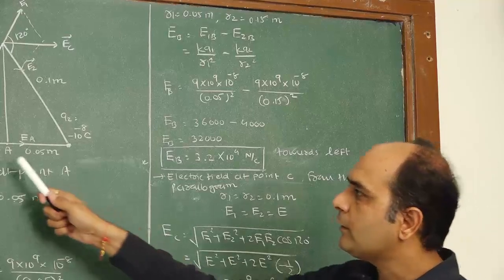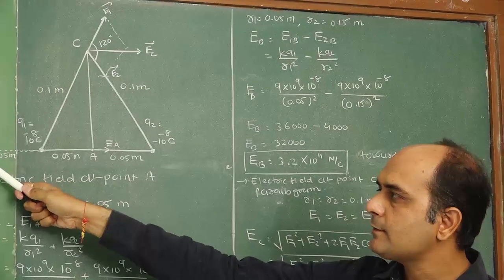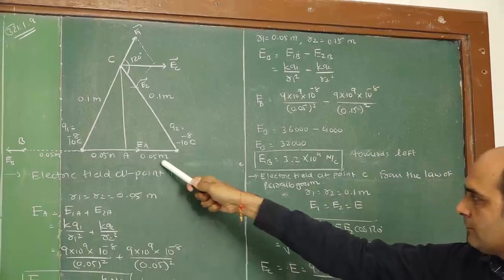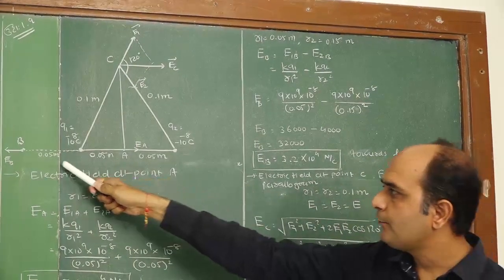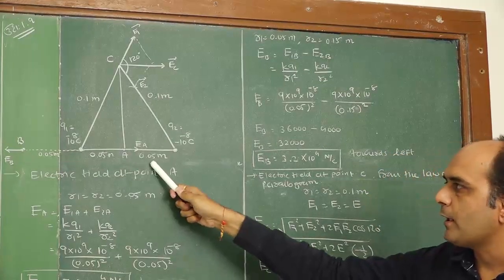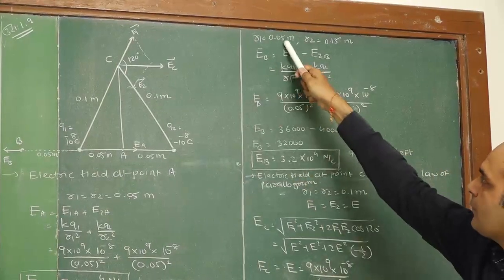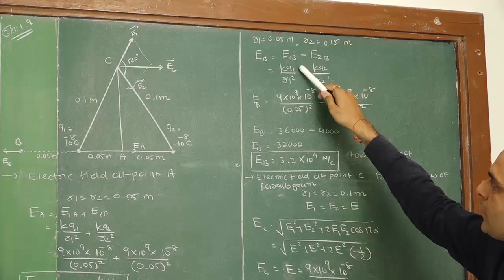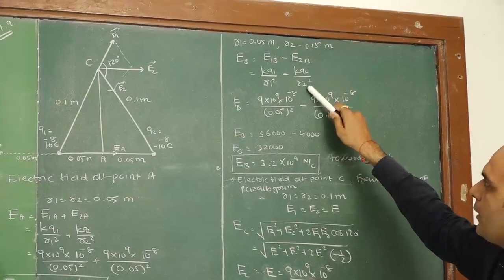Now this is the R1 distance, which is 0.05, and this total distance is the R2 distance, 0.05 plus 0.05 plus 0.05, which is 0.15. So R1 is 0.05, R2 is 0.15. Now the electric field due to point charge is K Q1 by R1 square minus K Q2 by R2 square.